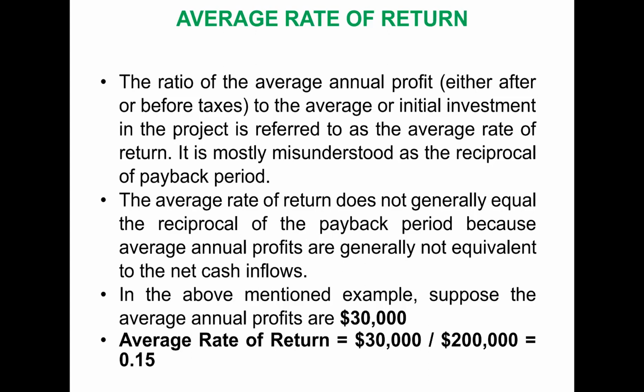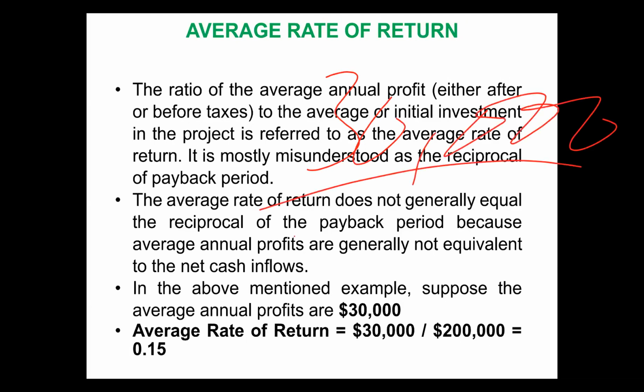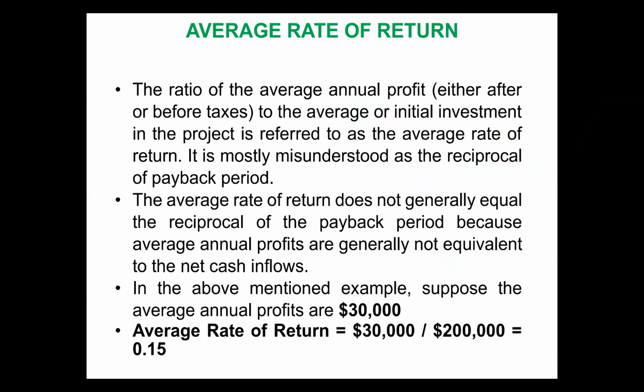So in the above mentioned example, suppose the average annual profits are 30,000 instead of 40,000. You can see that the average rate of return would be 30,000 divided by the initial investment of 200,000, and that gives us 0.15, or 15%.